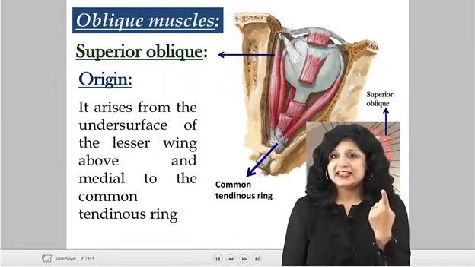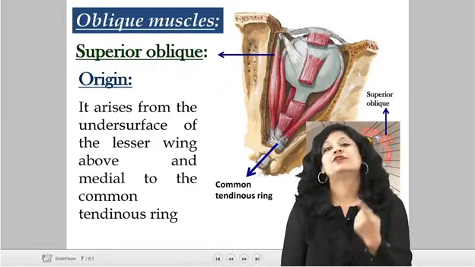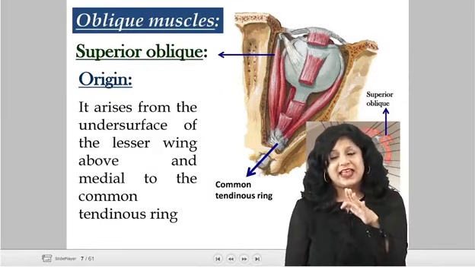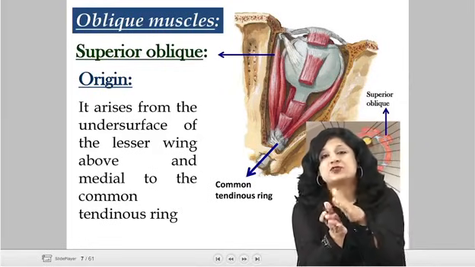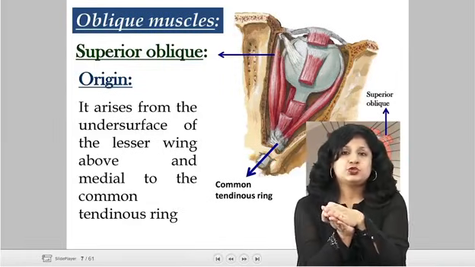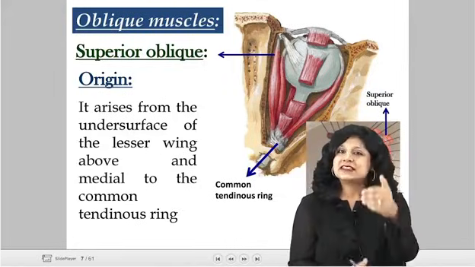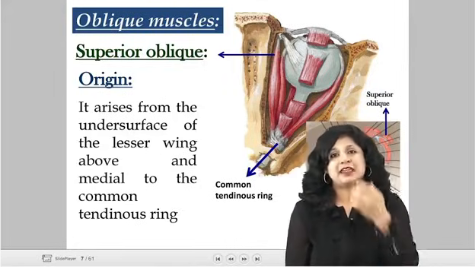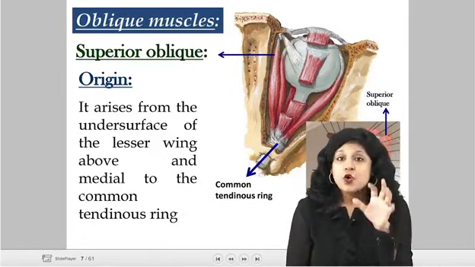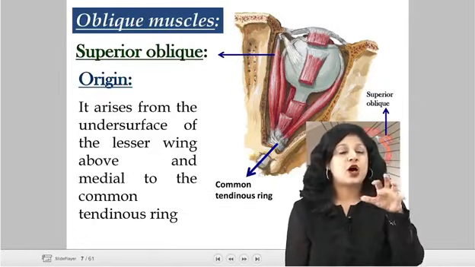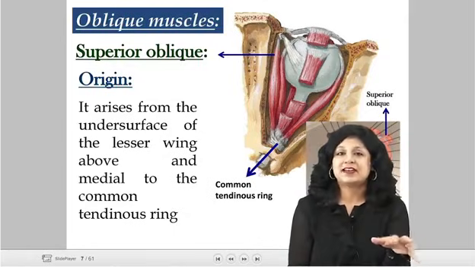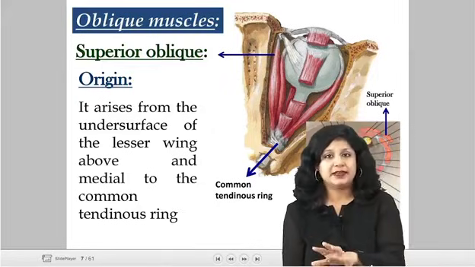One head comes from the body of the sphenoid, which is medial to the common tendinous ring, and the other head is actually merged with the superior rectus. So it is considered partly coming from the annulus of Zinn, while inferior oblique in no way shares its origin from the tendinous ring, and that is why the answer there is inferior oblique. Very clear?